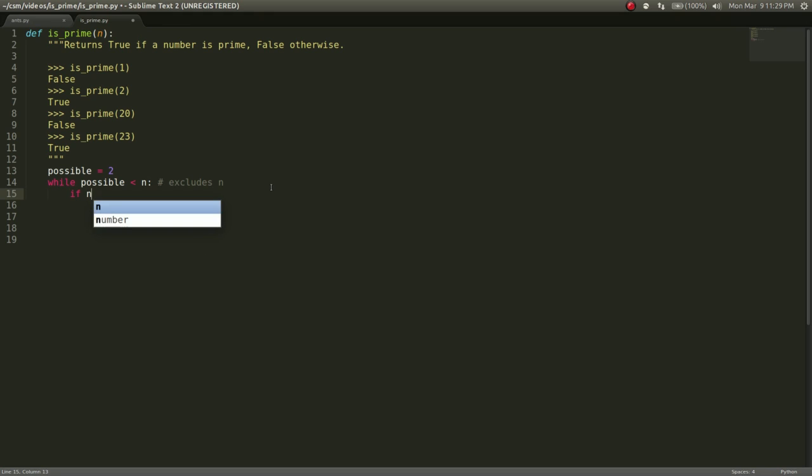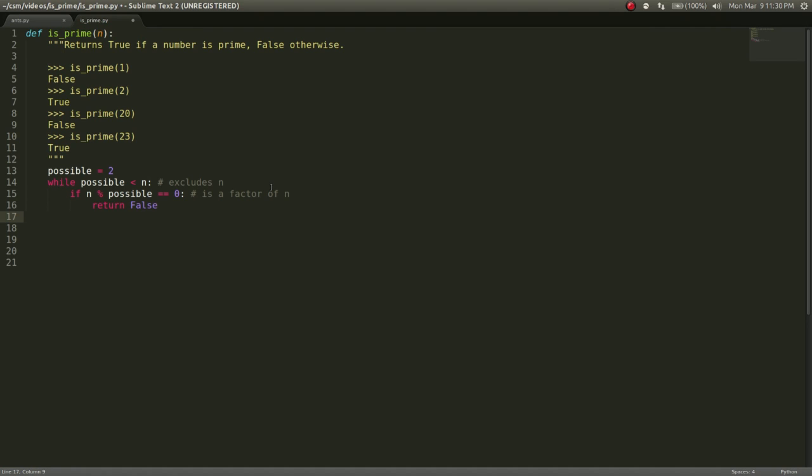So if n mod possible is equal to 0, so if it is a factor of n, then what do we want to do? Well, if it is a factor, then it is not a prime number, right? Then we would want to return false.